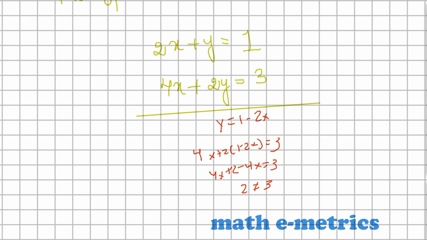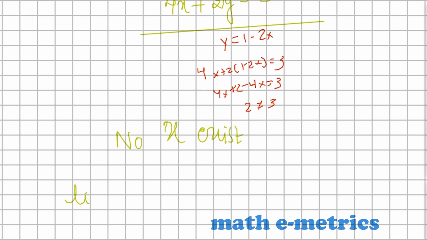That means no such x exists to satisfy the above equation. That means the lines do not intersect. The number of solutions is equal to 0.